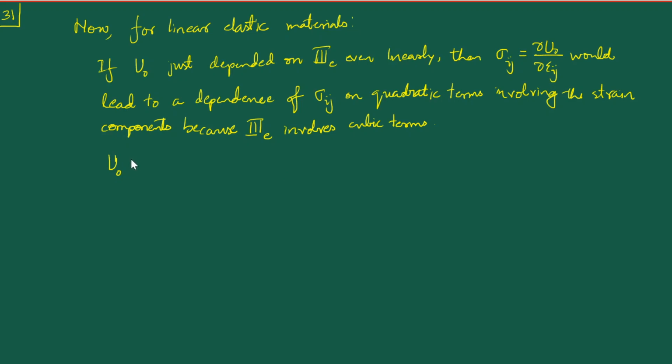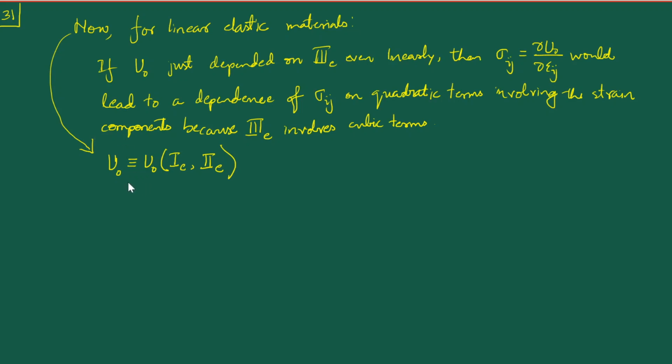So our conclusion is that at least for linear elastic materials, what we had initially thought, that u naught would be dependent on I1, I2 and I3, would be wrong to assume, and what we must conclude is that the only dependence of u naught should be on I1E and I2E. And please note that this is again for linear elastic materials.